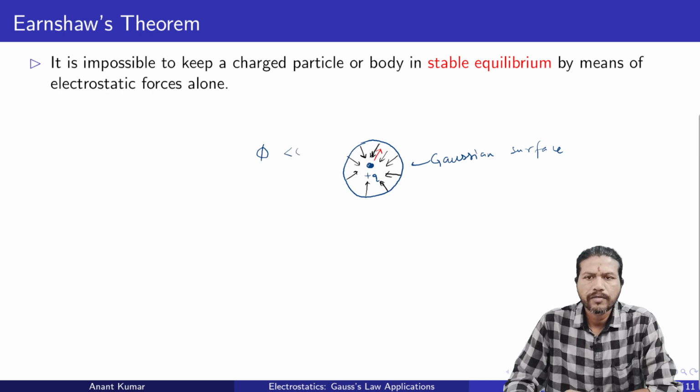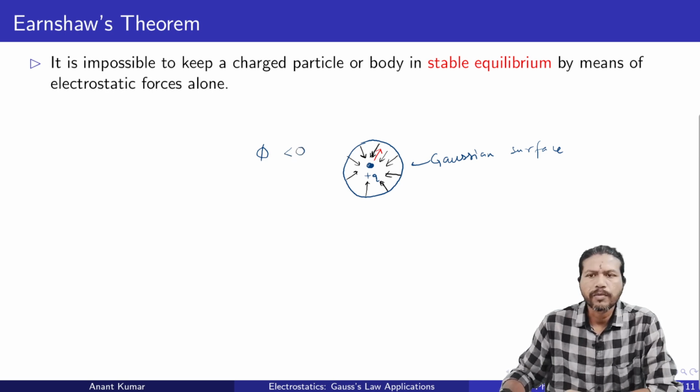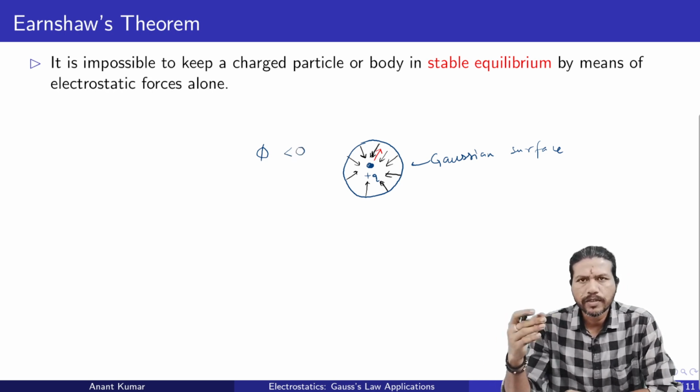Why is it negative? Well, the reason is simple, because at every point of the surface, the electric field is pointing inwards. And we know that for a closed surface, if I wish to obtain the flux, I should take the area vector pointing radially outwards. So the electric field is pointing inwards, the area vector is pointing outwards, and therefore the flux is negative.